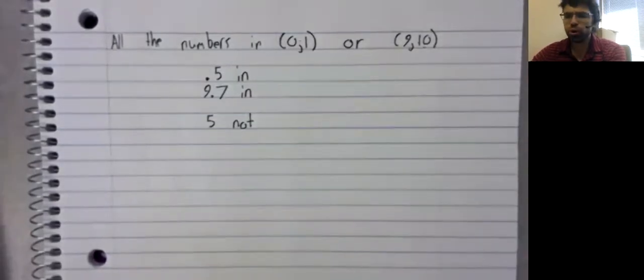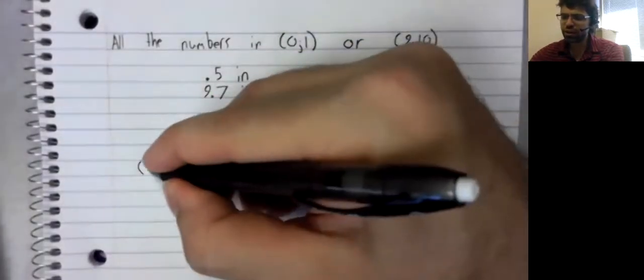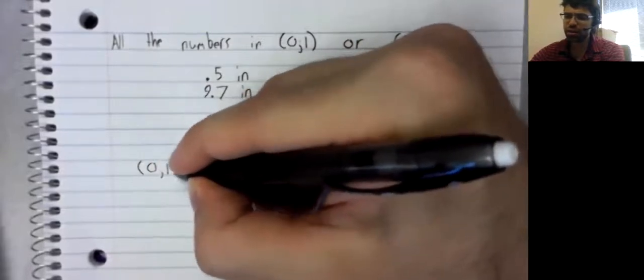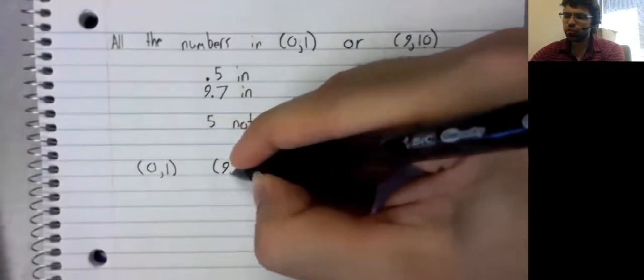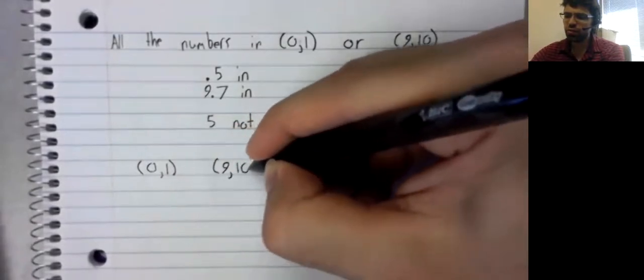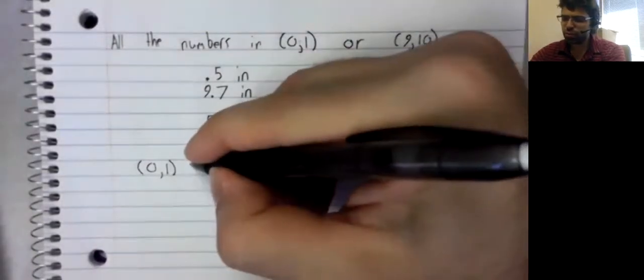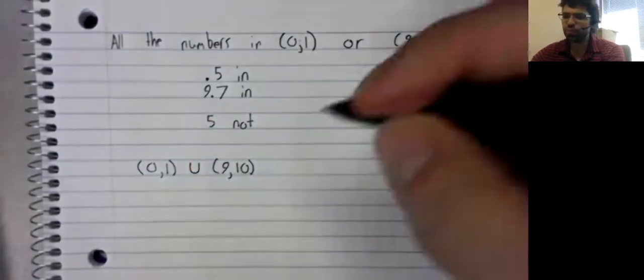The way to put intervals together like this, symbolically, is to write the intervals and then put between them this symbol.